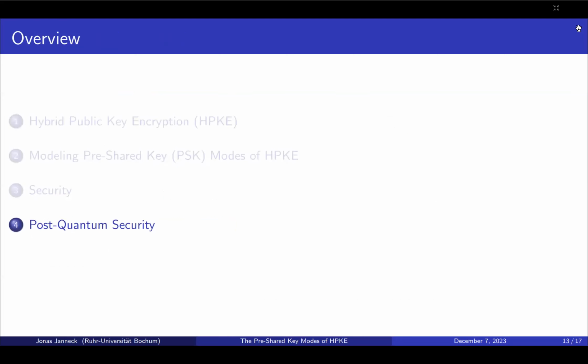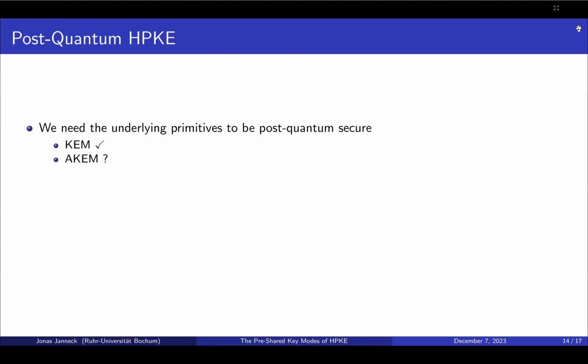Okay, so for the last part of my talk, I want to tell you about post-quantum security of HPKE and also using HPKE. HPKE as such is a classical scheme, but if we want the post-quantum instantiation of HPKE, we will need primitives to be post-quantum secure.